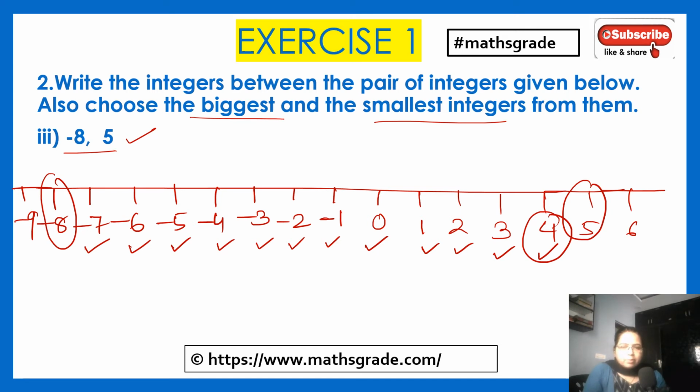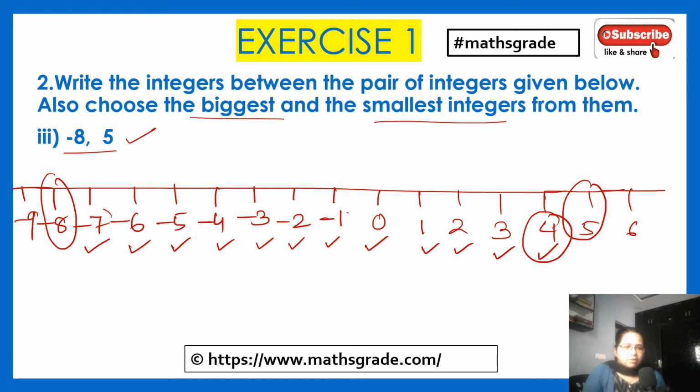We know every positive integer is larger than the negative integers. So here 4 is the biggest integer, and now we have to find the smallest integer. We know the smaller number with negative sign will be the bigger integer, and the bigger number with negative sign will be the smallest integer.